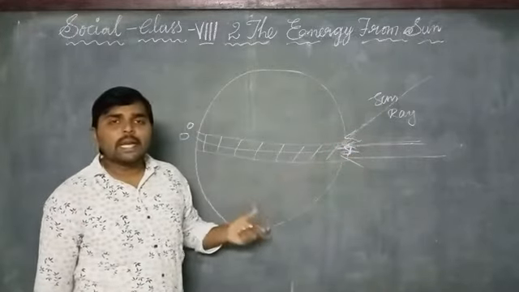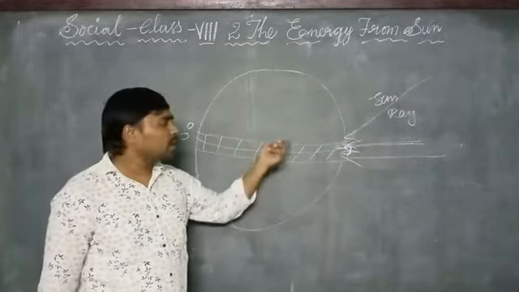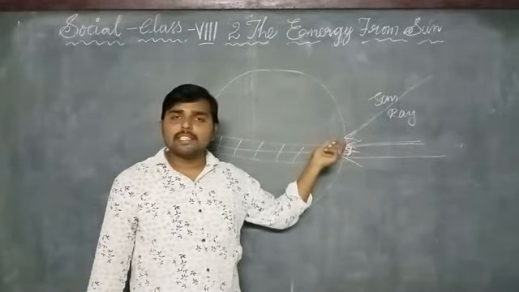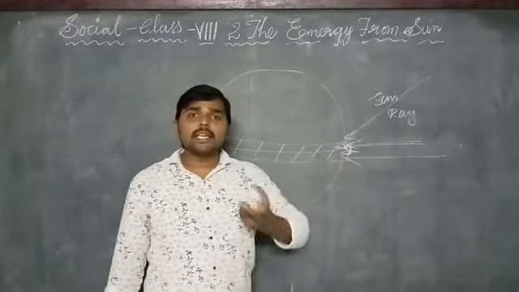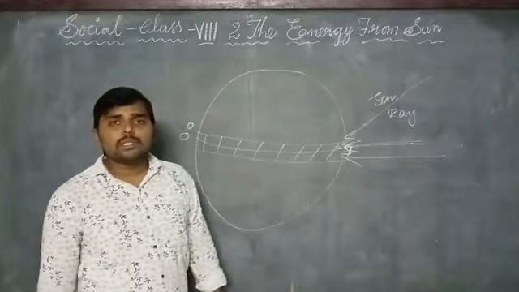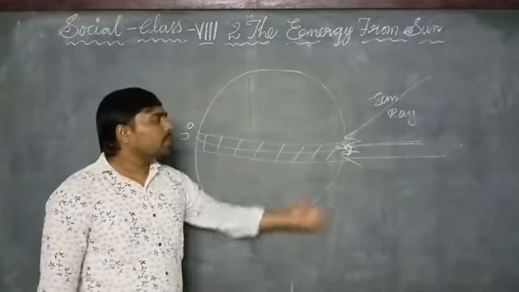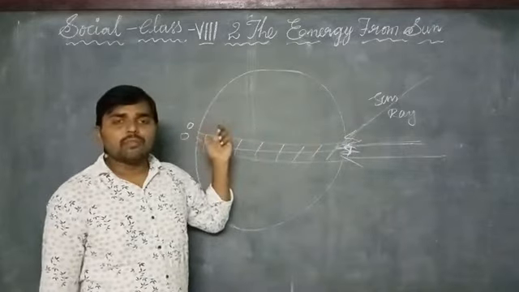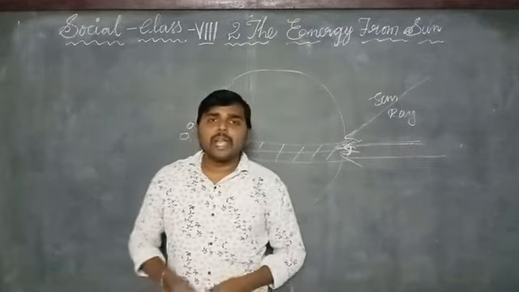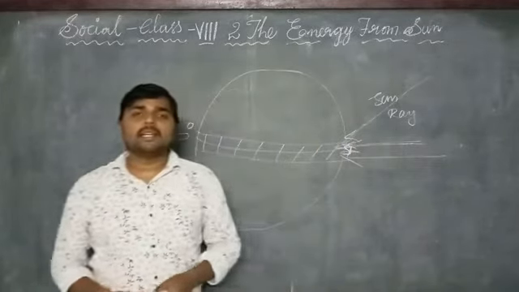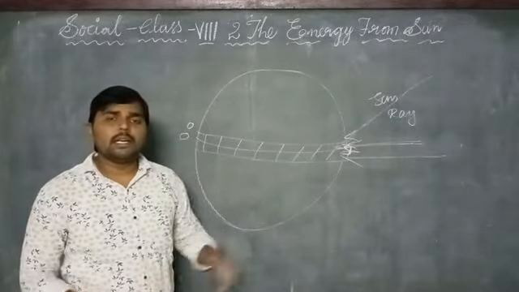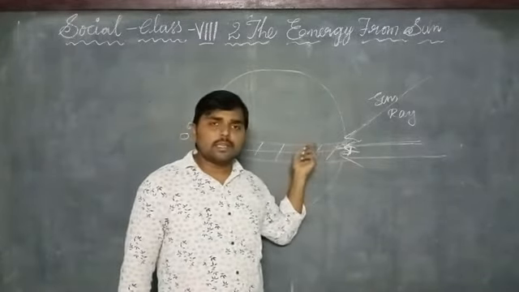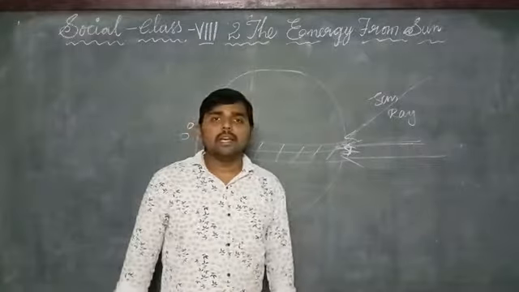Where the angle of incidence is 90 degrees, it is getting a high amount of solar energy. Why? Because the sun rays fall directly on the surface of the earth. If the angle of incidence is 90 degrees, the amount of heat absorbed by the earth is also very high.